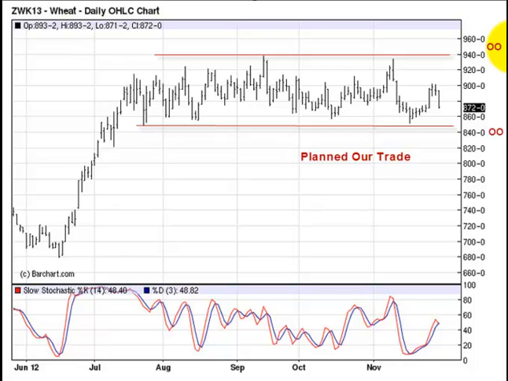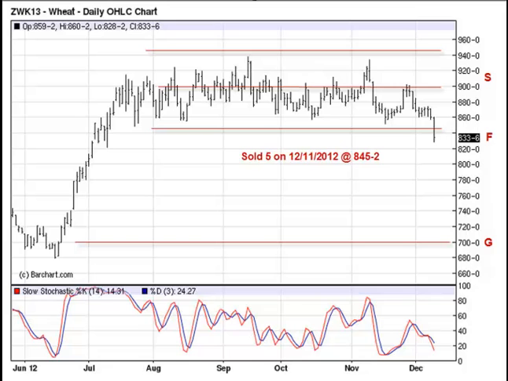Buy if we get a sharp breakout above 940, sell if we get a sharp breakout below the 840. So we put an open order in with our broker, and the market finally showed a breakout to the downside on December 11th.